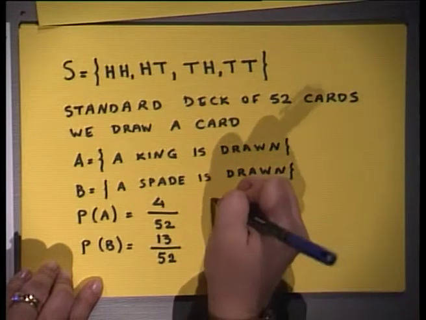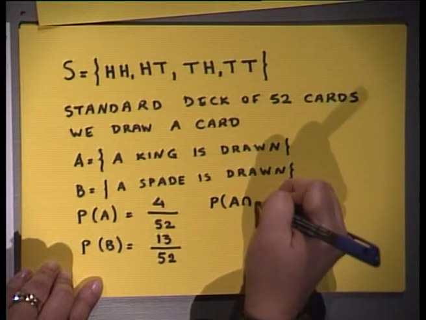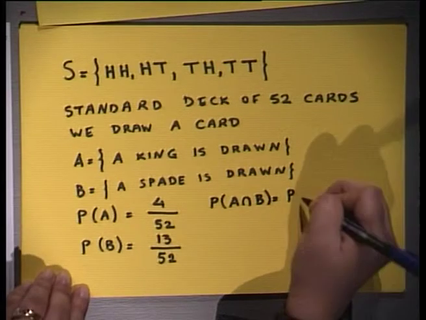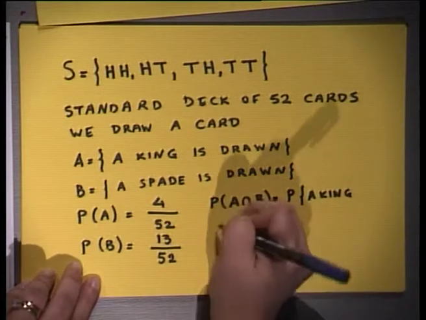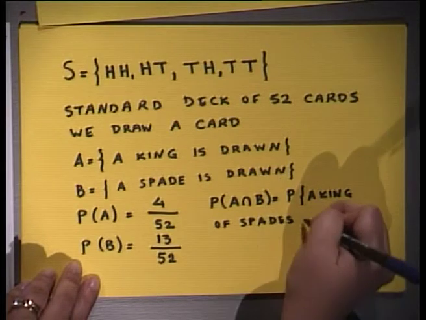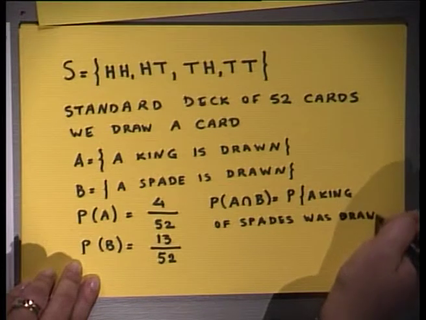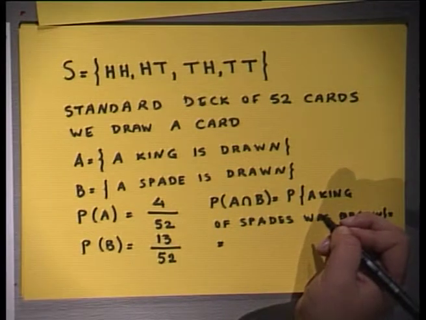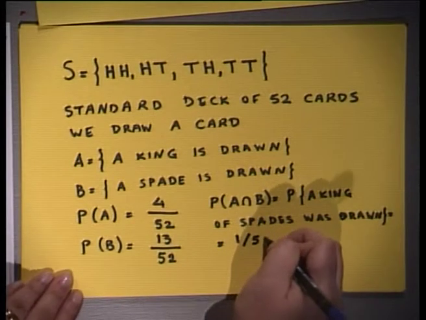And the probability of A intersection B, that is the probability that the king of spades was drawn, we have only one in our deck, is 1 out of 52.